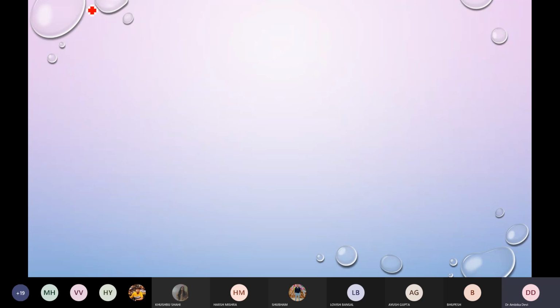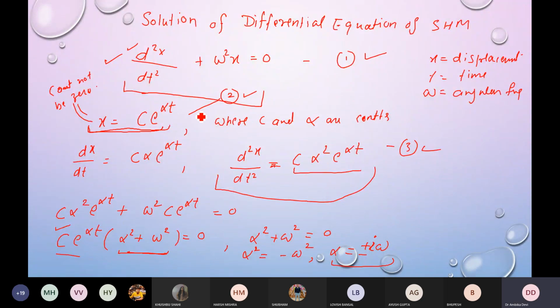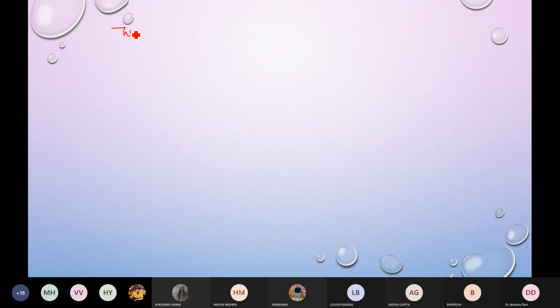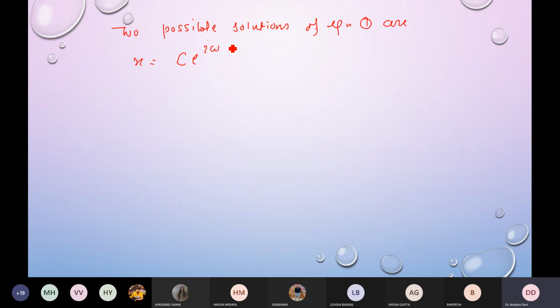So two possible solutions for equation number 1 are either x is equal to c exponential iota omega t, because alpha we are taking here as iota omega, or x should be equal to c exponential minus iota omega t, right?